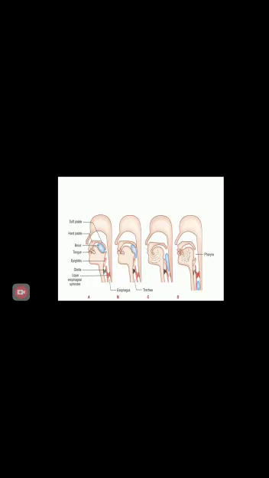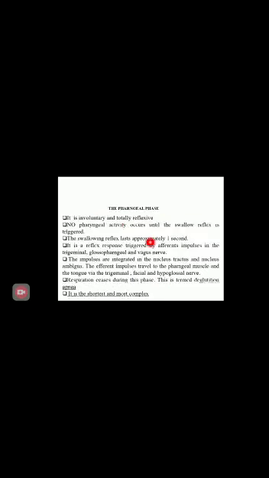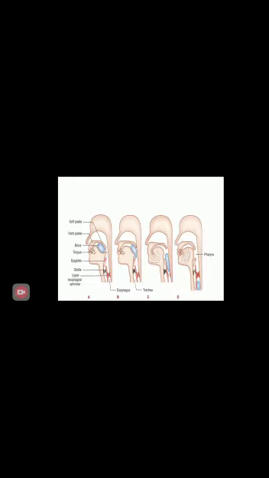It will enlarge it, and that is a way of making room for the entrance of the bolus.